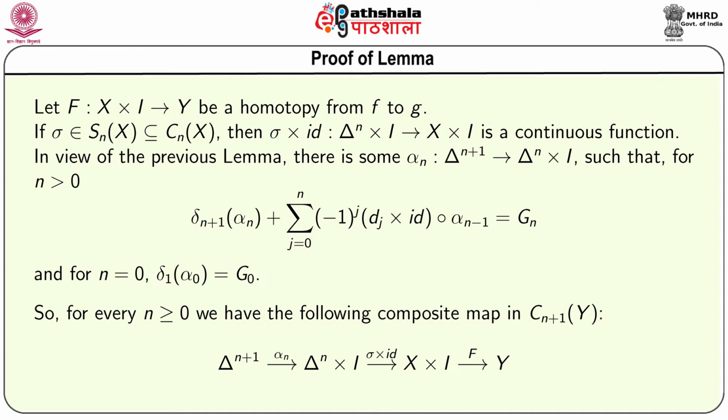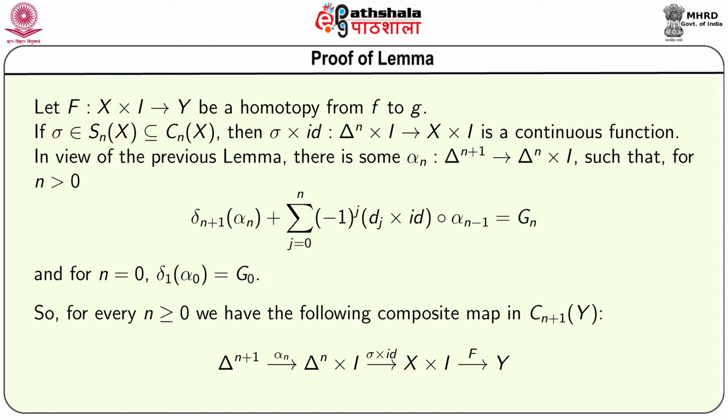If sigma is an element from Sn x, that is a generator of Cn x, then sigma times identity is a function from delta n cross I to x cross I, and this is a continuous function.